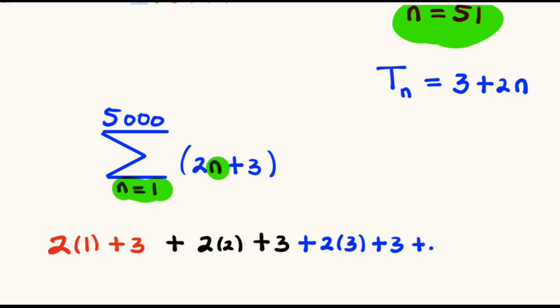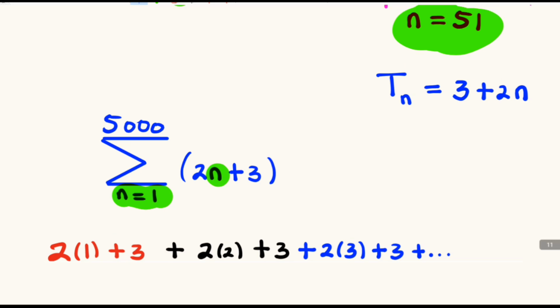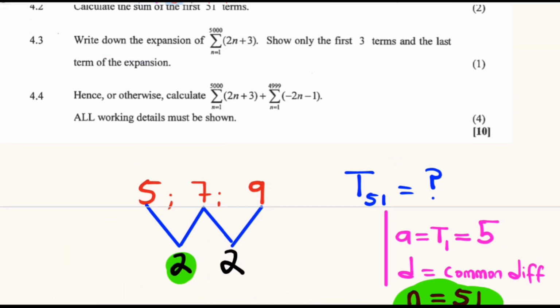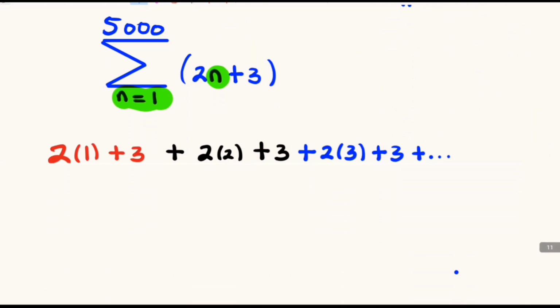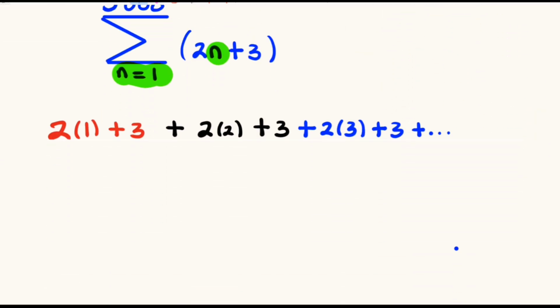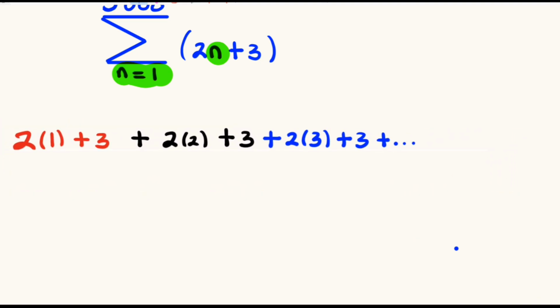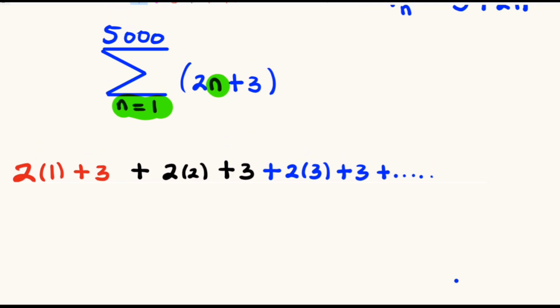And we also have to determine the last term. The instruction was that we show only the first 3 terms and the last term of the expansion, and the last term will occur when the n is equal to 5,000.